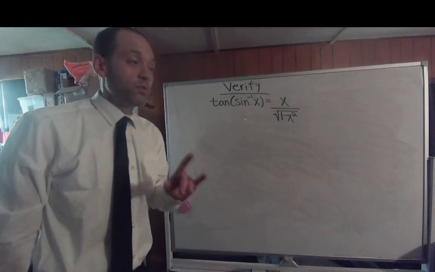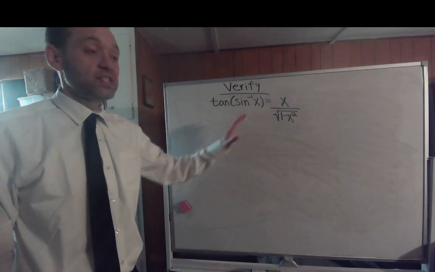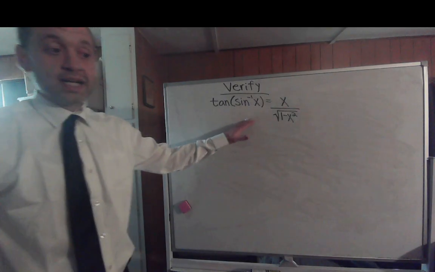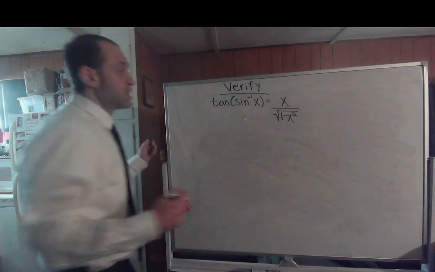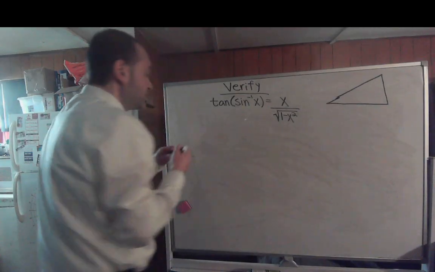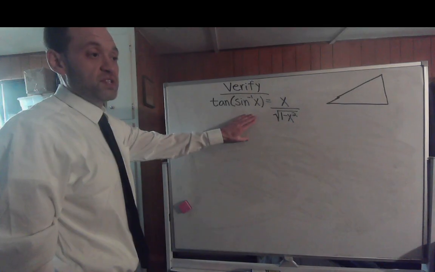Whenever you're dealing with trig identities, what you need to do is set yourself up a right triangle. Whenever you're dealing rather with inverse trig identities in general. So let's do this here. Make yourself a right triangle, okay? So this sine inverse of x is asking what angle gives you a sine of x.